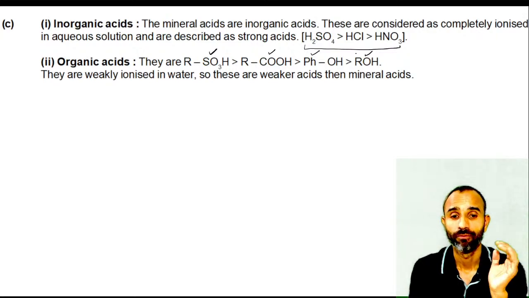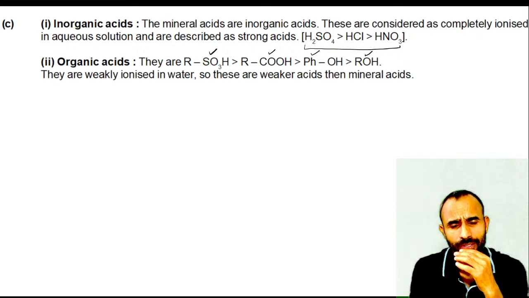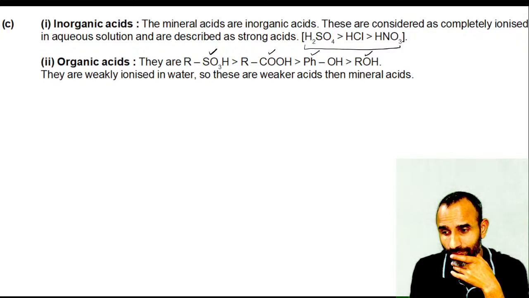Sir, I had a question. I checked trichloroacetic acid and H2SO4 for the pH difference. The pH of trichloroacetic acid was lower. But then I asked which one is the stronger acid, and it said H2SO4.